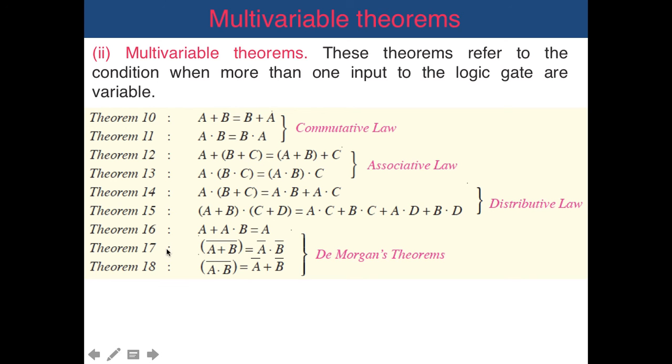Theorem 17: (a plus b) whole bar is equal to a bar dot b bar. Theorem 18: (a dot b) bar is equal to a bar plus b bar. For simplifying a Boolean expression, we need to remember all these relations.